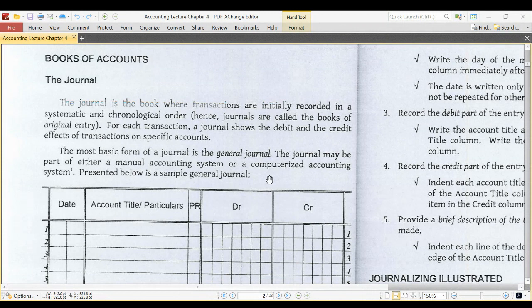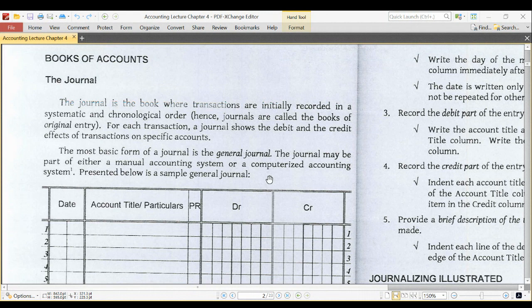Pag naman cash disbursement journal, lahat ng transactions na related sa pag-disburse ng cash or pagbayad ng cash, doon siya i-record. So may sariling book, may sariling pagre-recordan yung pagtanggap ng cash, may sariling pagre-recordan si sale ng company, merong sariling pagre-recordan yung pagbayad ng pera, cash disbursement.